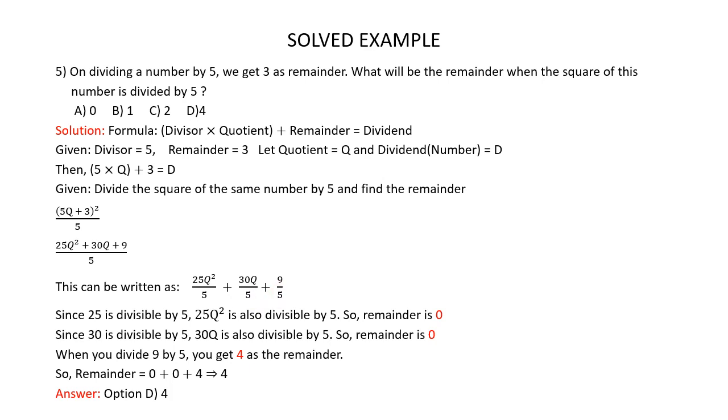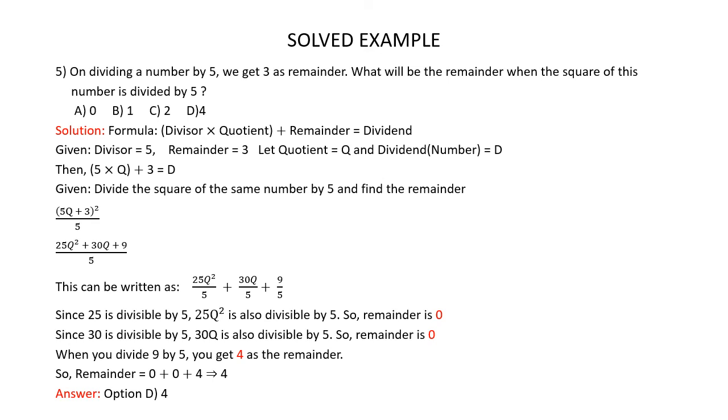Since 25 is divisible by 5, 25Q squared is also divisible by 5. So the remainder here is 0. When you take this fraction, since 30 is divisible by 5, 30Q is also divisible by 5.